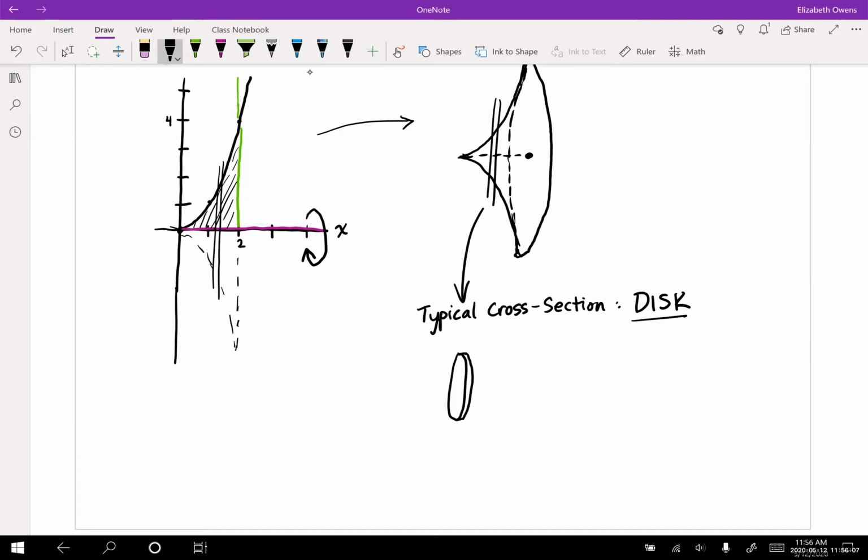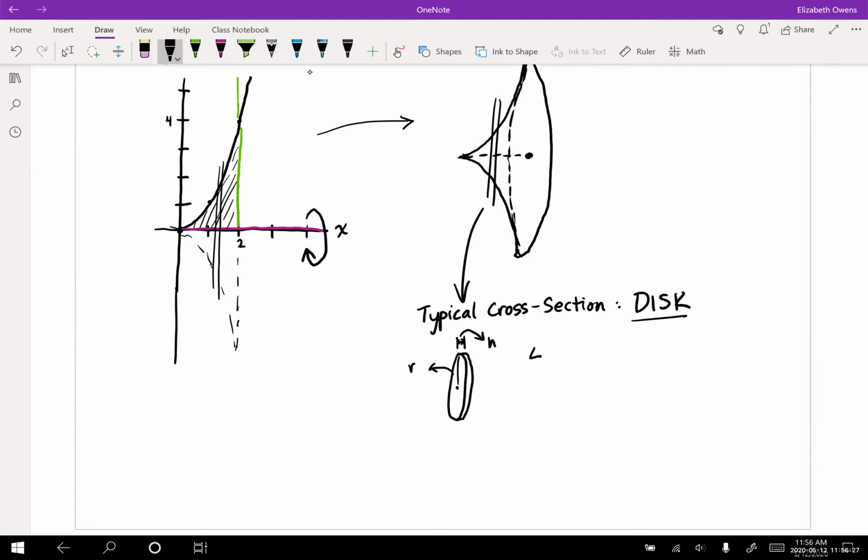All right. It has a certain radius associated with it, and it has a certain thickness, or height, associated with it.